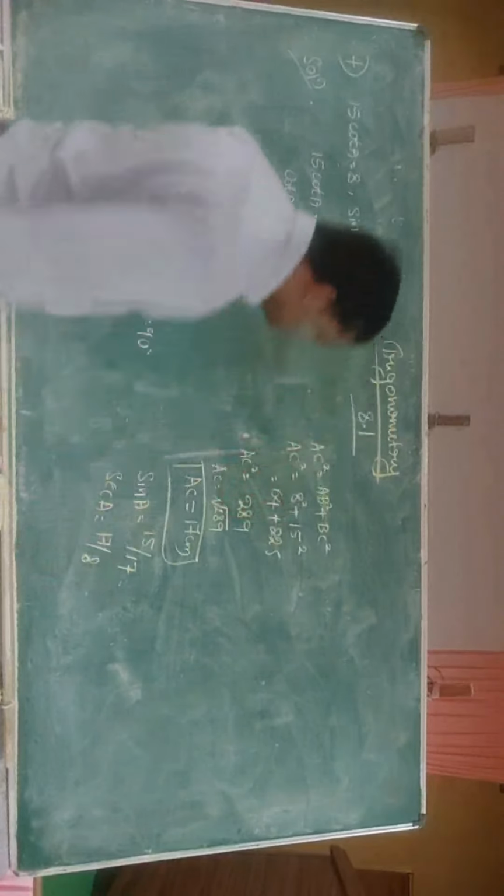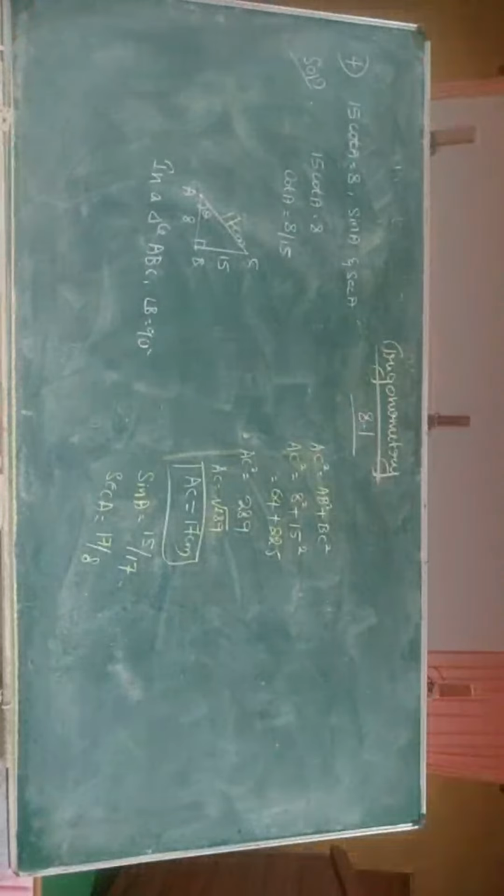Check in the answer sheet: sin A is 15 upon 17 and sec A is 17 upon 8. Am I right? Let's note down first.